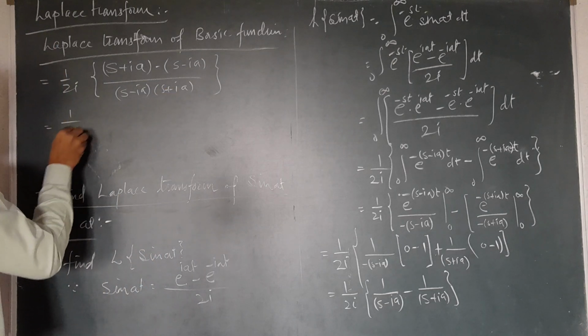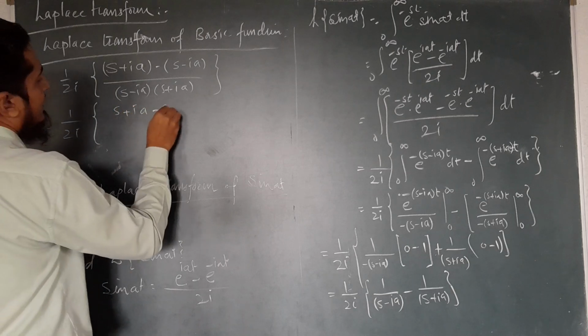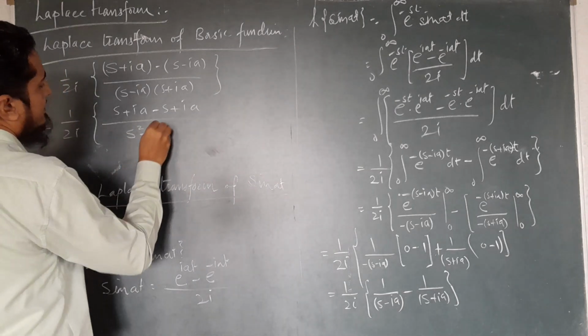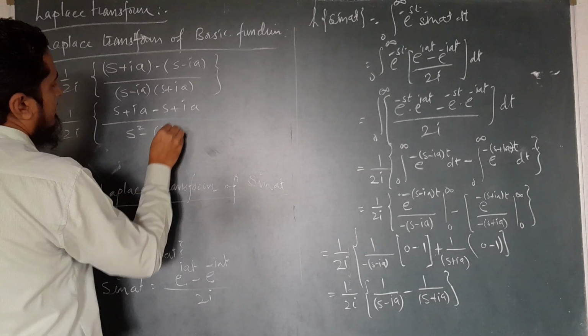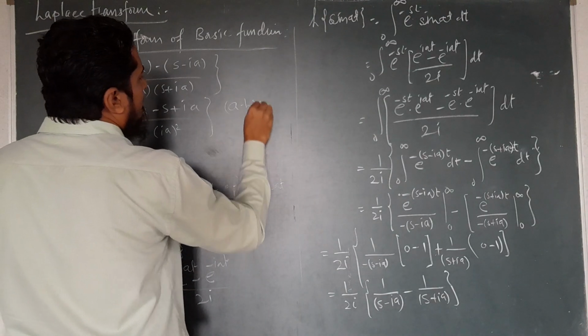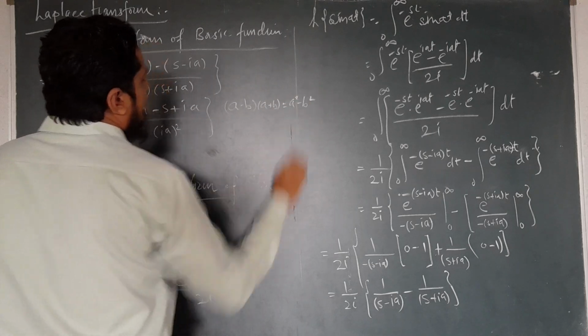So again, if we simplify this, we will get s plus i a minus s plus i a, over s square minus (i a) bracket square, since a minus b into a plus b will give us a square minus b square.